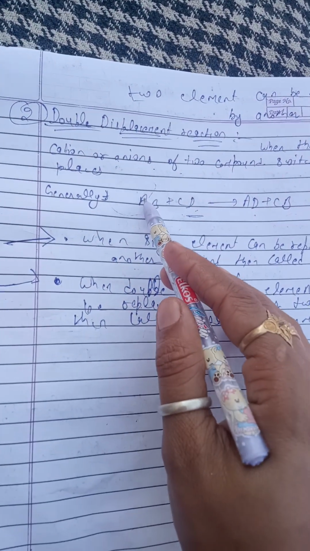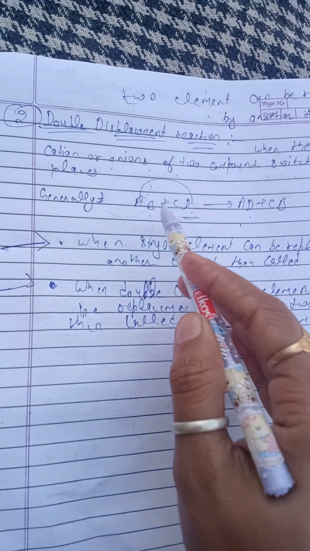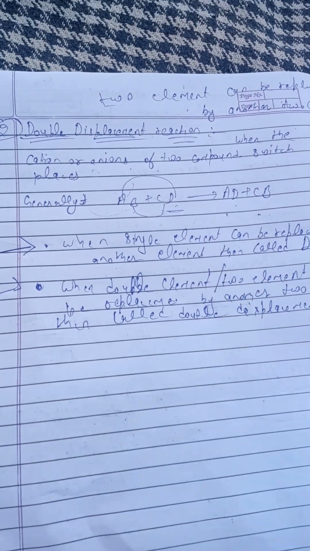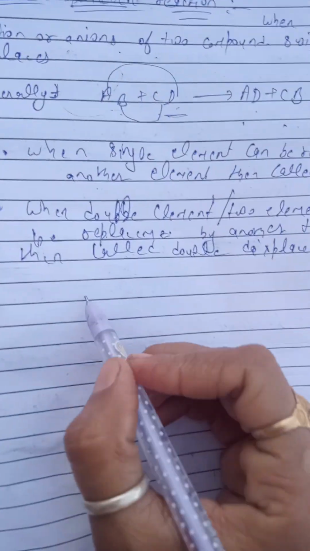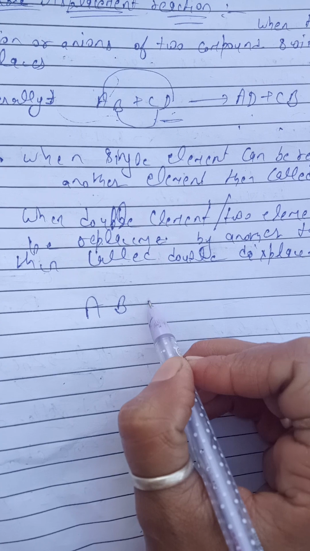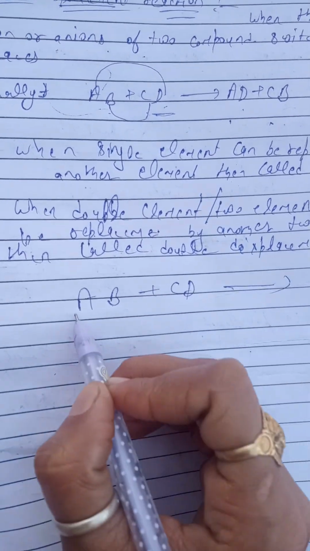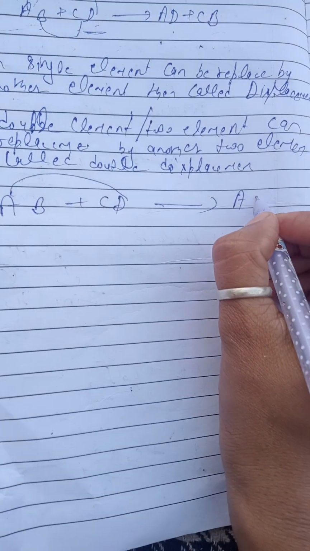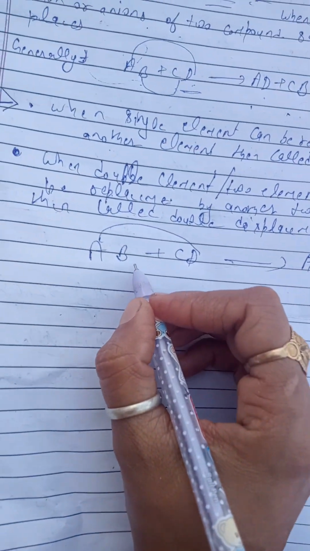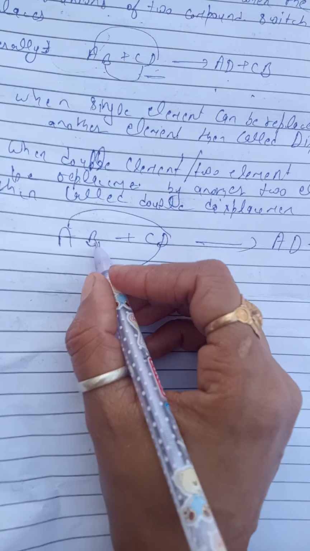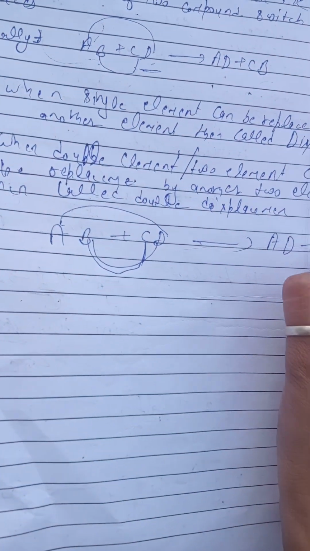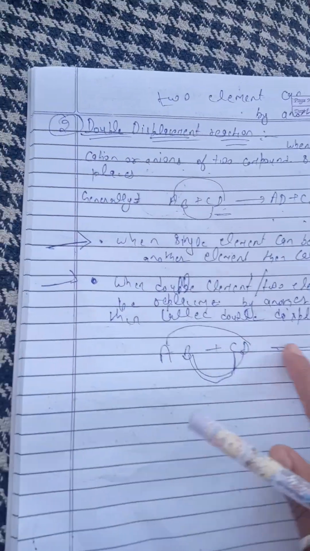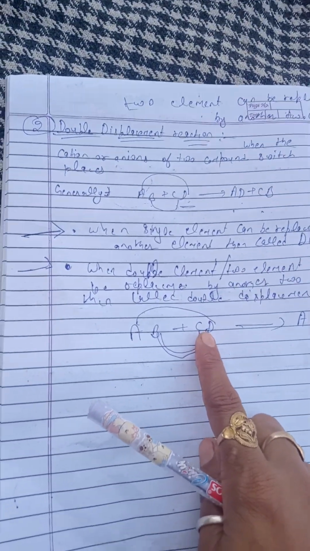Here A combines with D and C combines with B. In short, if we have AB and CD, then A combines with D and B combines with C. This is the general formula of the double displacement reaction.